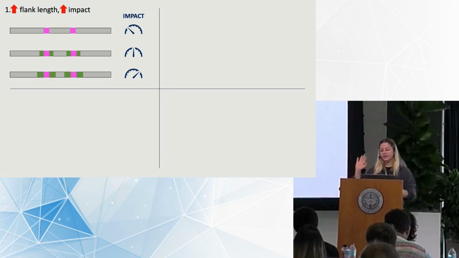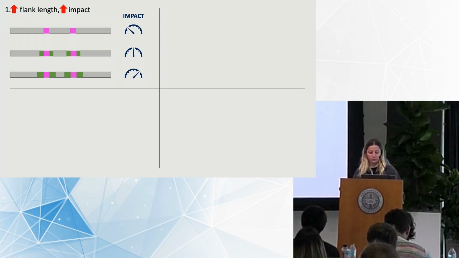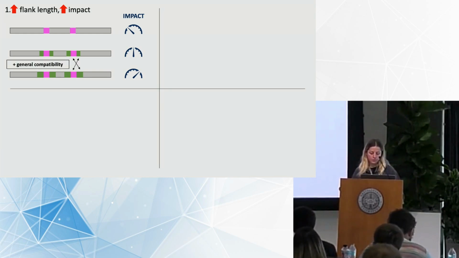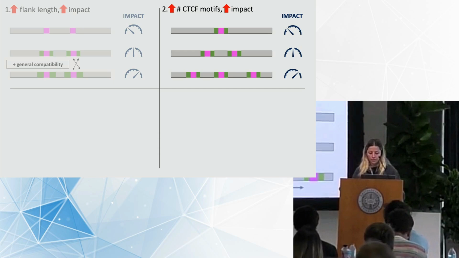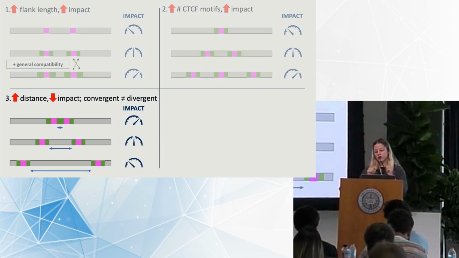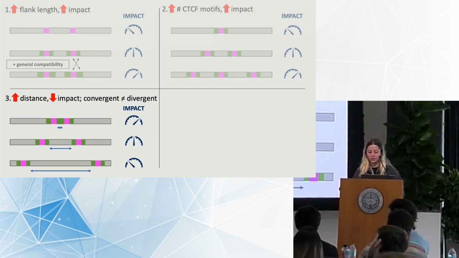As we saw, the longer the flanks, the bigger the impact we see on the maps, but there is no general rule of incompatibility that we saw. And the bigger the number of CTCF sites, the bigger the impact, which agrees with the observation about CTCF clusters. Then we also changed the distances between CTCF sites inserted in pairs, and the bigger the distance, the lower the impact.